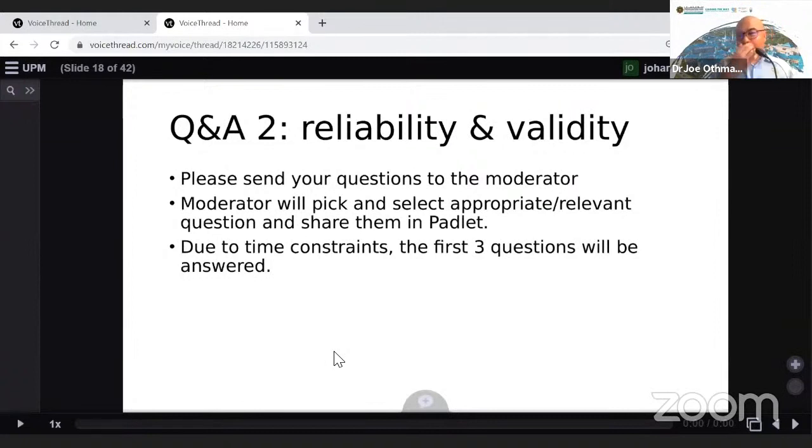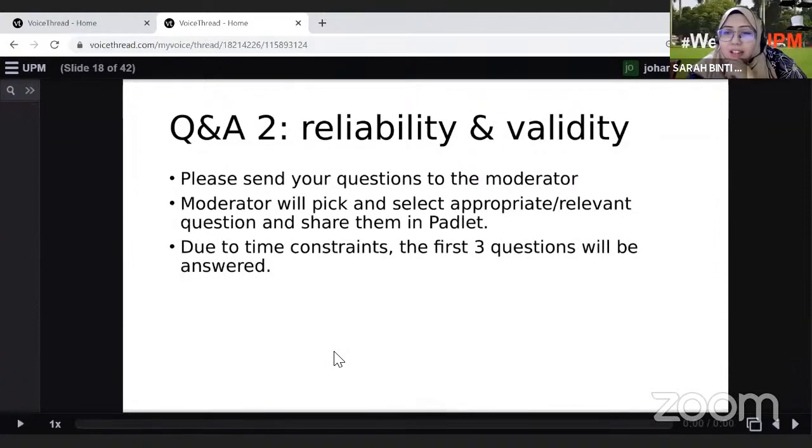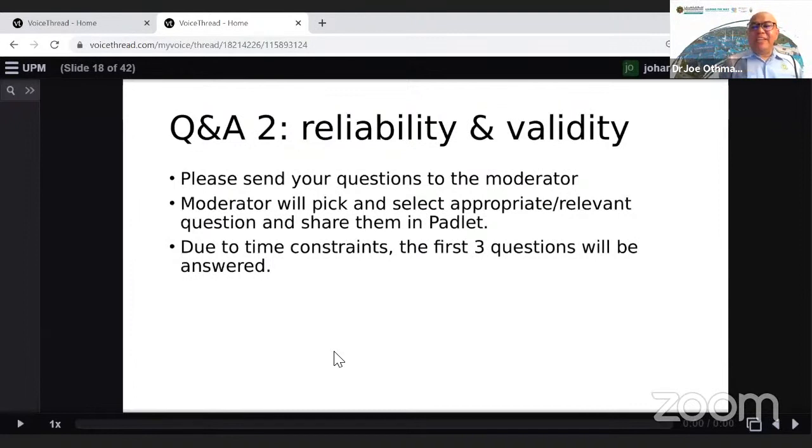Orally say it. A faulty or inaccurate watch won't be able to give reliable time, and vice versa. Did I get it correctly? Yes. Very good. If the watch is kaput, it is both not reliable and not valid.